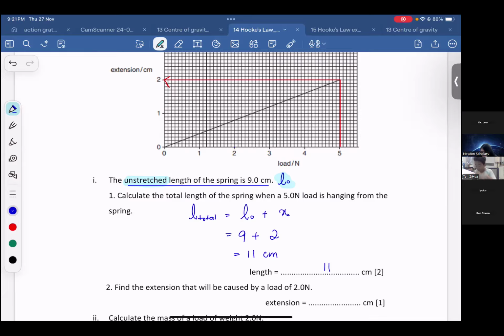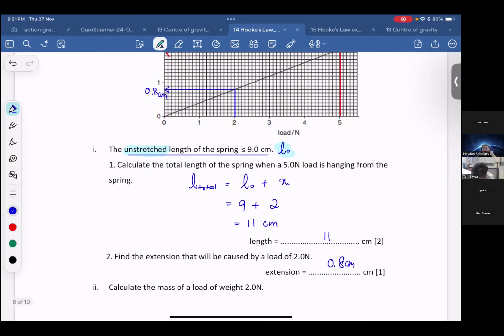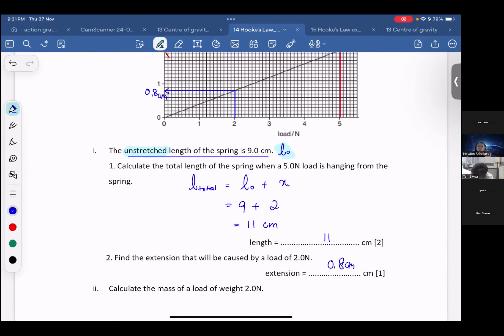Remember here, 2 Newton, go up. Okay, come here. So this answer is 0.x cm. You see, if they didn't give you any space, normally no calculation is needed. If they give you too much space, supposedly we have some calculation.